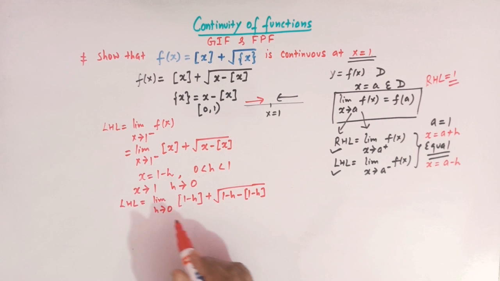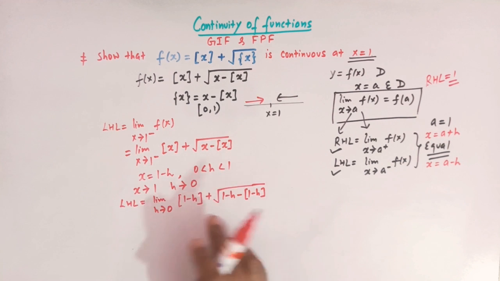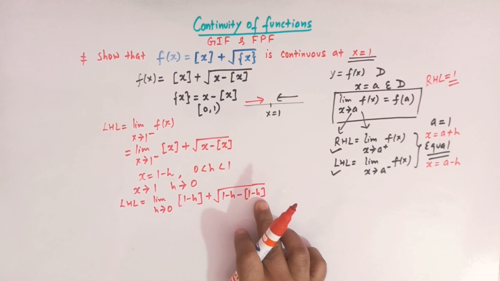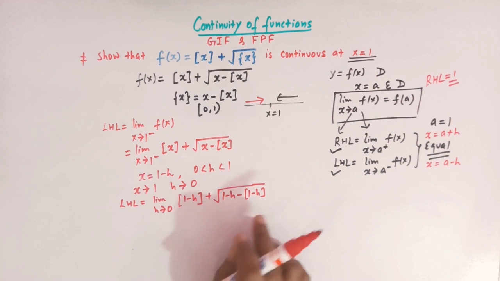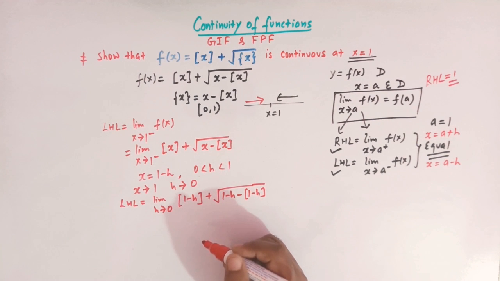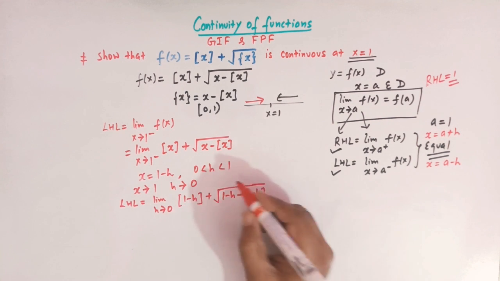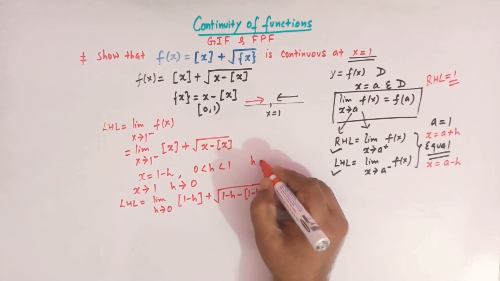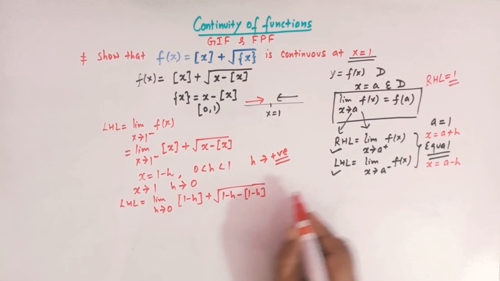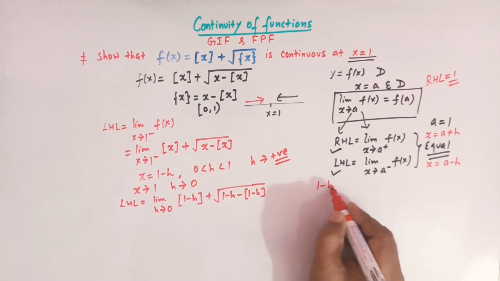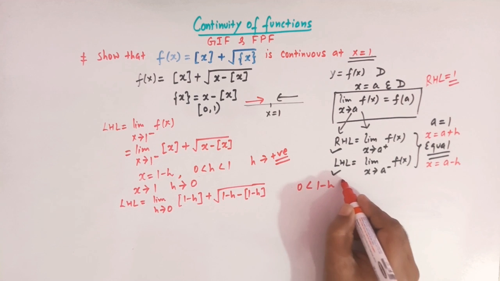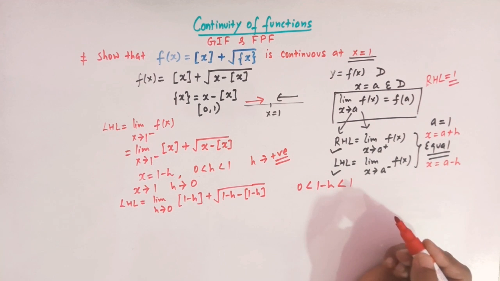Okay, so now again we cannot directly substitute the value of h is equal to 0 in this expression, but what we will do, will again make use of the definition of greatest integer function, right? And see, we have already claimed that h is a positive quantity, so 1 minus h is greater than 0, but it is slightly less than 1, right?